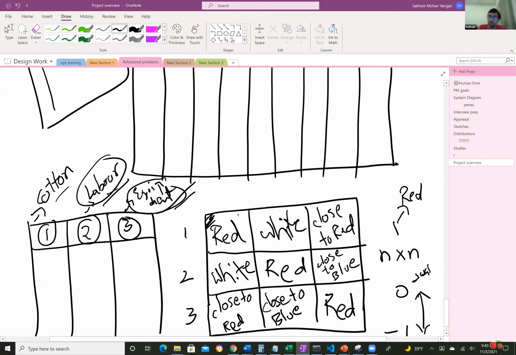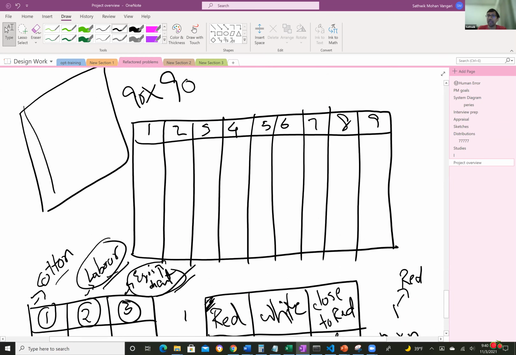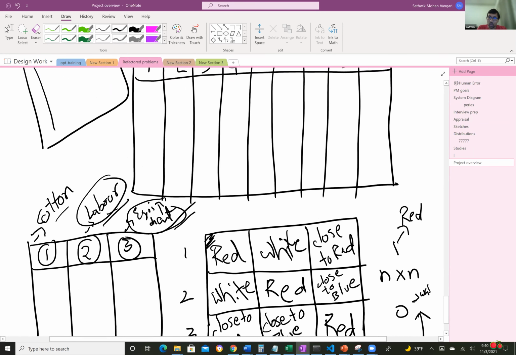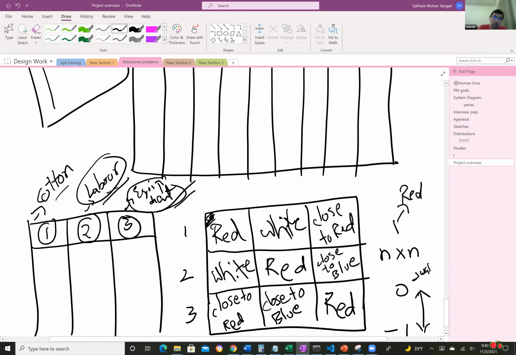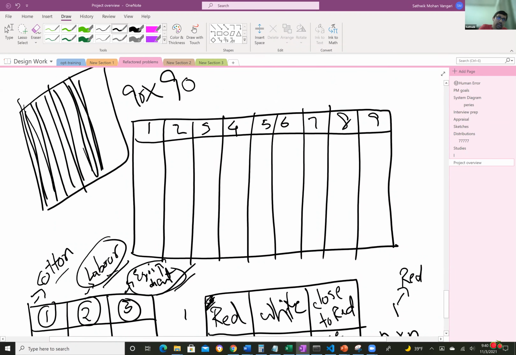Now, if it's a 90 by 90 matrix, there are going to be 8100 cells in that matrix, right? So each of them will be a very tiny box. There will be so many lines like this, 90 columns and 90 rows, right?